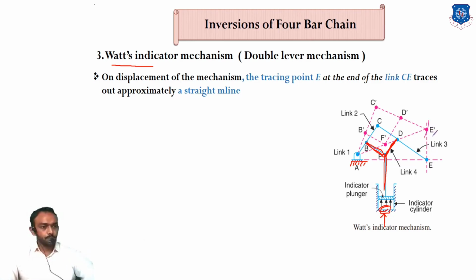The indicator is used for indicating the pressure of this cylinder, and the E point always travels in a straight line. We will also study it in the straight line mechanisms.